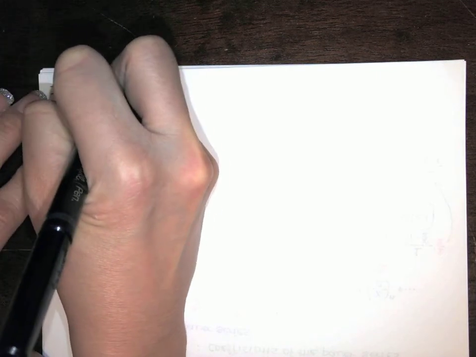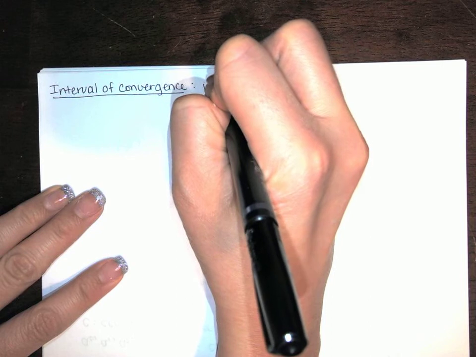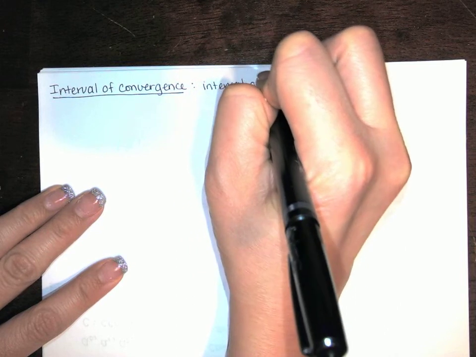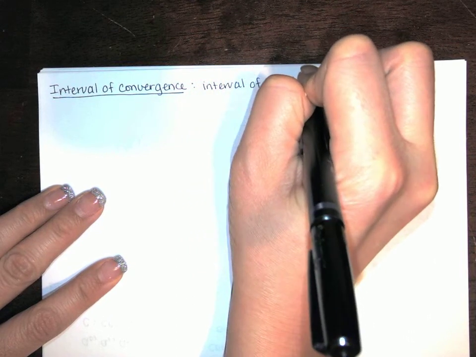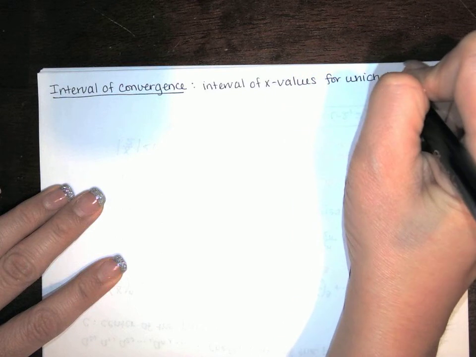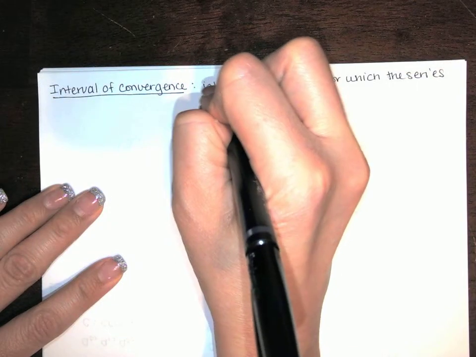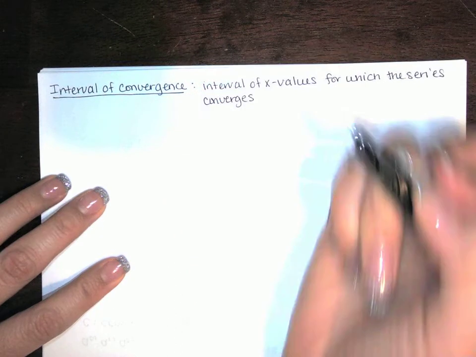Now, remember the interval of convergence is just an interval of x values for which the series converges. It's like the domain. I think of it like a domain.